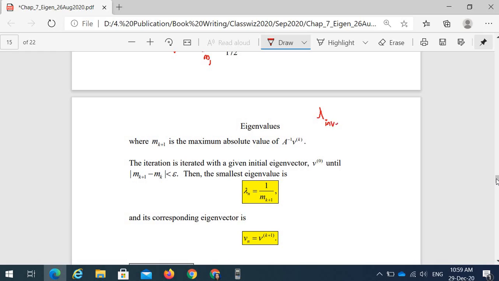Lambda inverse is actually your m(k+1), and lambda inverse is 1 over lambda n. So lambda n will be 1 over m(k+1). Its corresponding eigenvector will be v(k+1), the same as in the normal power method.